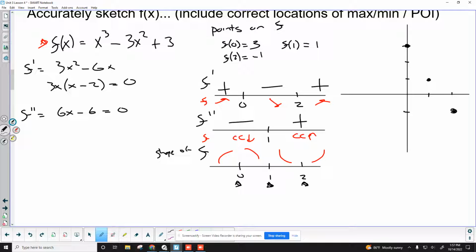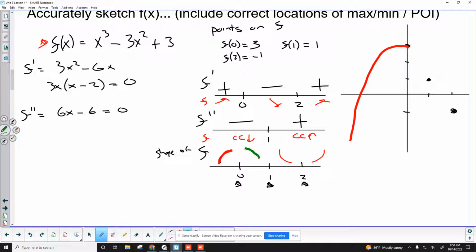But we know that's not what's going to be done because I know the shape. F is increasing concave down until 0. Well, not any spot until 0, but I know until 0, 2. Increasing concave down.